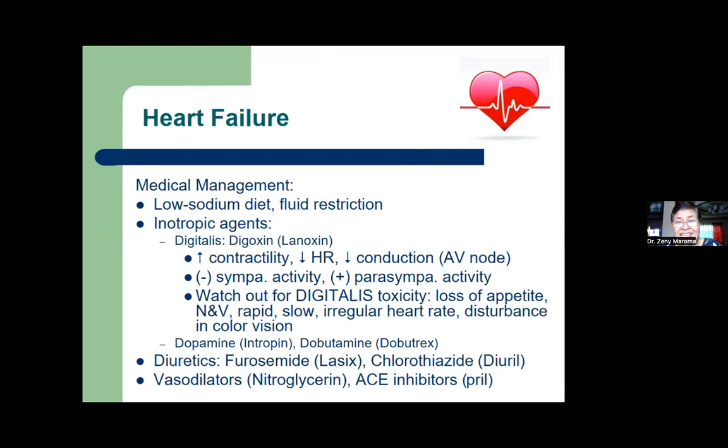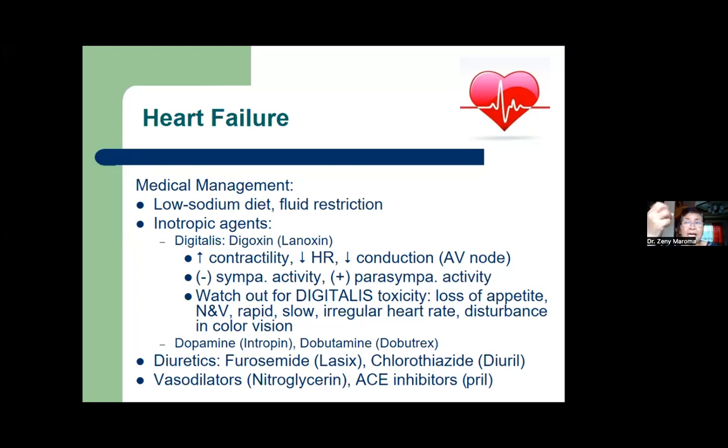Number 1, inotropic agents. Ano nga yung inotropics? Example is the digoxin or lanoxin, or digitalis. It increases the force of cardiac contraction.